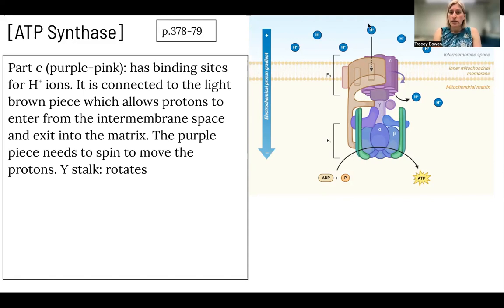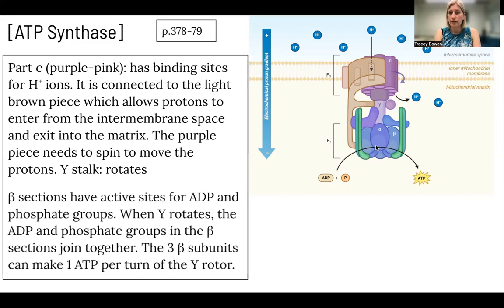The brown part here allows hydrogen ions to come in from the intermembrane space, and it allows them to come out in the matrix. And then we have these alpha and beta sections. The beta sections are the most important for our needs. As the stalk rotates, the beta sections can fit phosphate groups and ADP, and the rotation produces the energy to join the ADP with the phosphate groups.